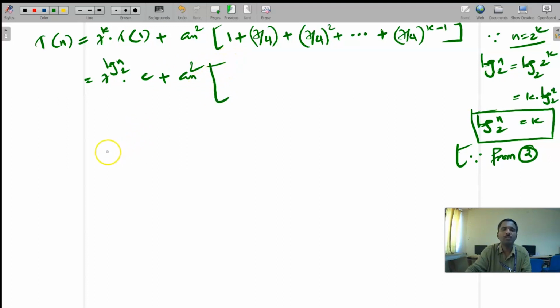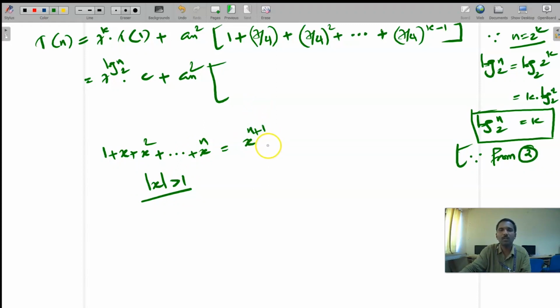We know the geometric series 1 plus x plus x square plus etc. plus x power n is equal to, assuming the absolute value of the common ratio x is greater than 1, x power n plus 1 minus 1 divided by x minus 1.